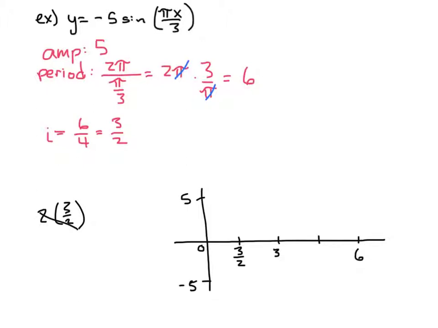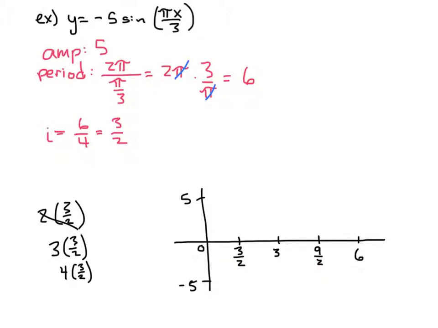The 2's cancel, or that's 6 over 2, which is 3. And then if you take 3 steps of 3 over 2, how far have you gone? 9 over 2. And then finally, 4 steps of 3 over 2. Well, that's the same thing as 12 over 2, which is 6. Right, so that's where these numbers are coming from.